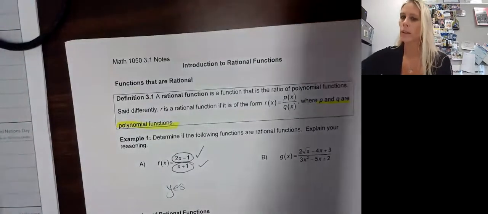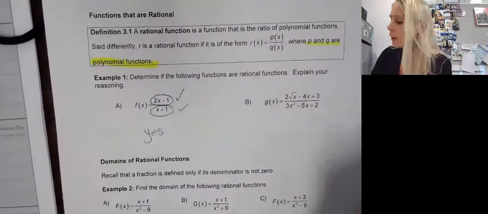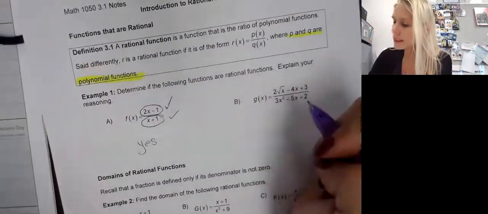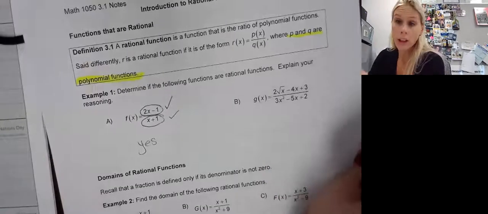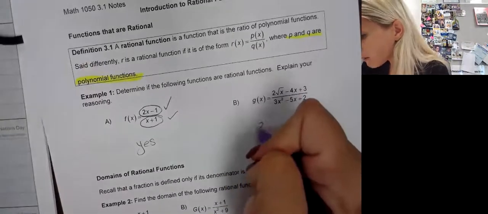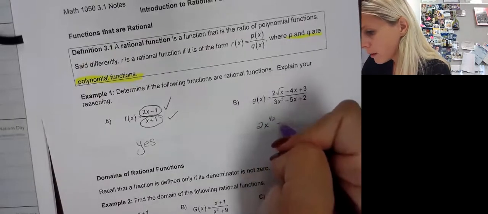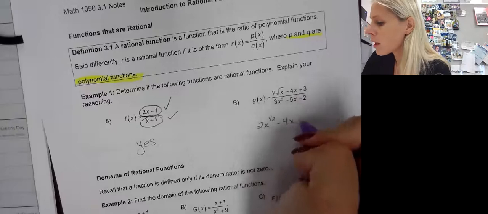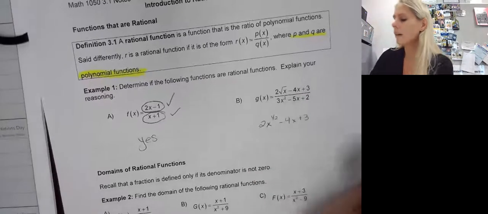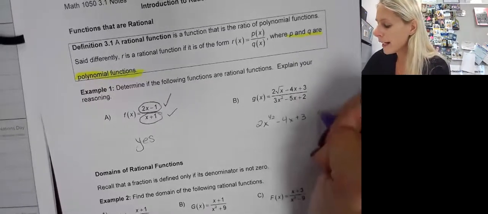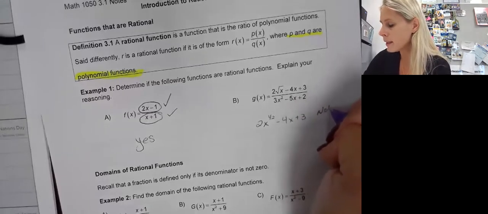Okay, now let's look at B here, or g of x. If we look at our numerator here, what does the square root of x actually stand for? Well, the square root of x is actually x to the 1/2. So as you can see, our numerator is not a polynomial.